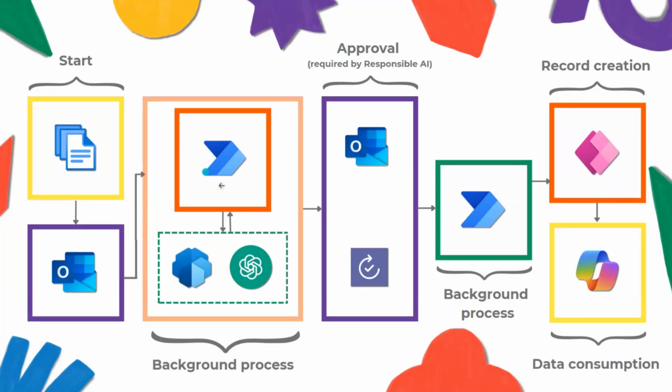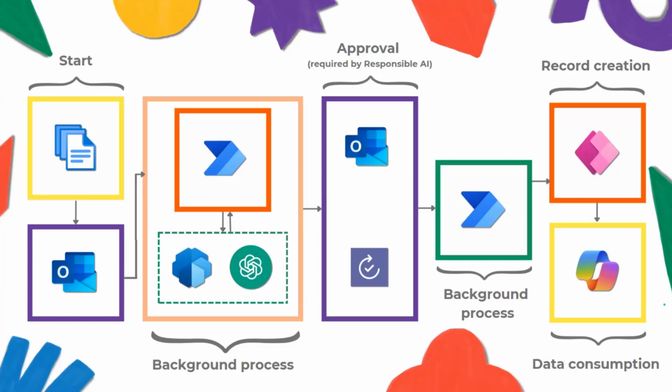This is shared with Power Automate. We will use AI Builder and GPT, and then we will receive that feedback through an email because, for responsible AI, we need approvals. Then another background process, after the approval, will create the record in the app, and then we can consume that record. I know this sounds beautiful, but let's see how this works.